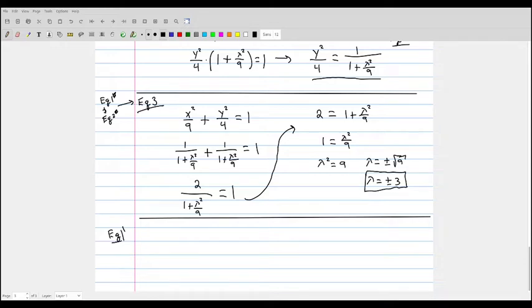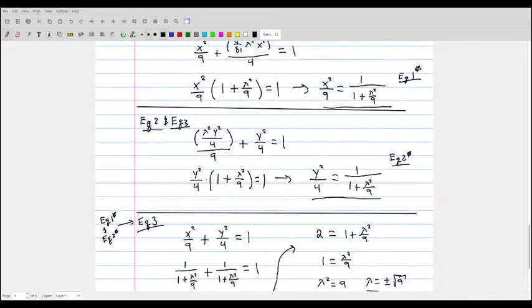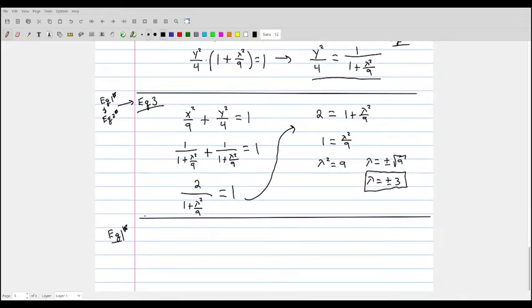If we now take another look at equation 1 star, it gives us x squared over 9 is equal to 1 over 1 plus lambda squared over 9. And if lambda is plus or minus 3, then that squared is going to be equal to 9. So x squared is going to be 1 over 1 plus 9 over 9, which is 1 over 2, or 1/2.